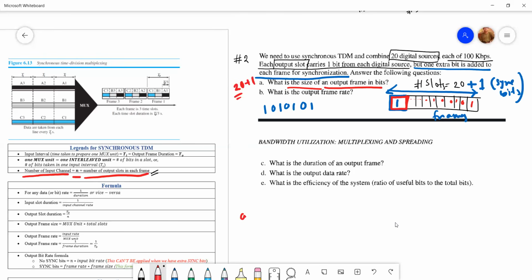The answer to question number 1 is 20 plus 1 equals 21 bits.